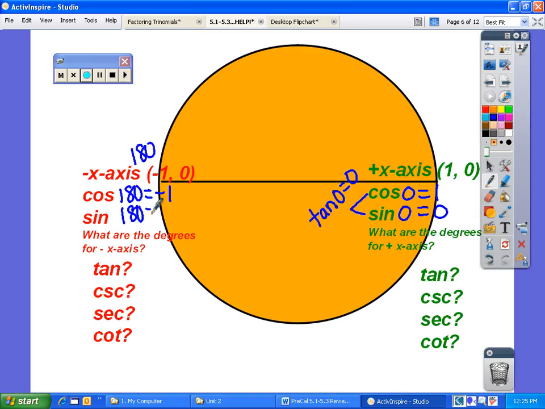Sine of 180 is 0, meaning that tangent again on this axis is 0. So tangent is 0 on your horizontal x-axis, whether it's 0, 360, or 180. Now as for the other ones, you just do the reciprocal of these three values to get cosecant, secant, and cotangent.